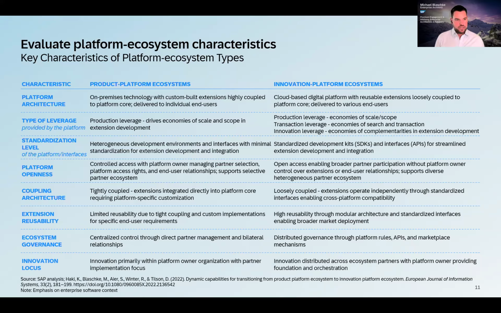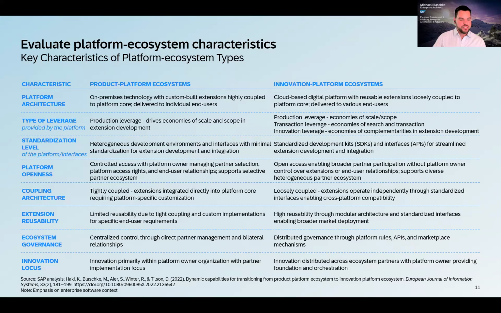So in the traditional product platform ecosystem, innovation is limited to the platform operator's internal research capabilities and timelines and roadmaps, while the innovation in IPEs is enabled through access to a global partner innovation network that delivers continuous competitive advantages.